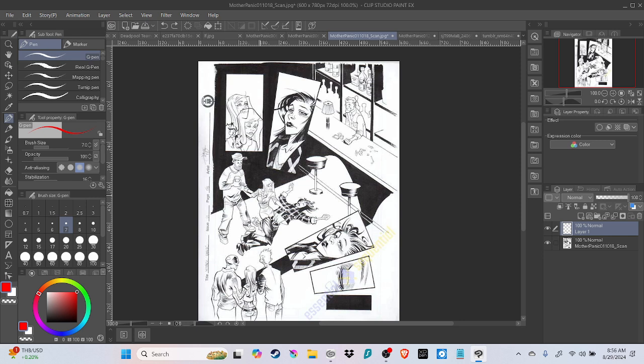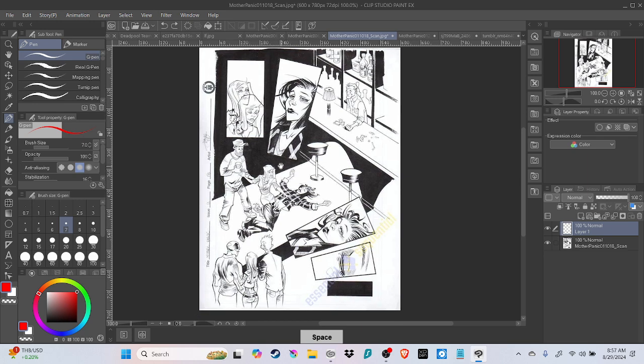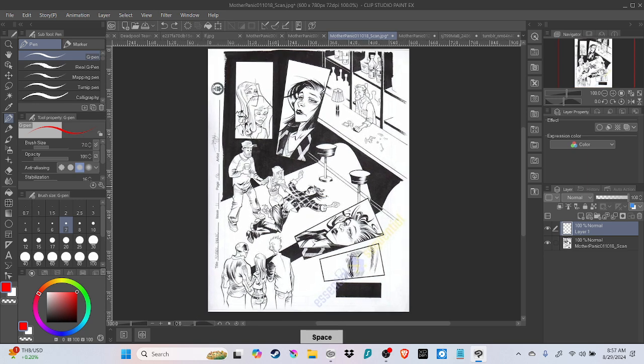Each page has to tell a story, and it also has to be a beautiful drawing, right? And sometimes it's easier to do one or the other.